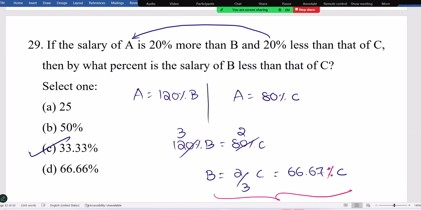B is less than C by 33.33 or 33 1 by 3 percent. 100 means both are equal, and B is less than 100 of C. So how much less is it?